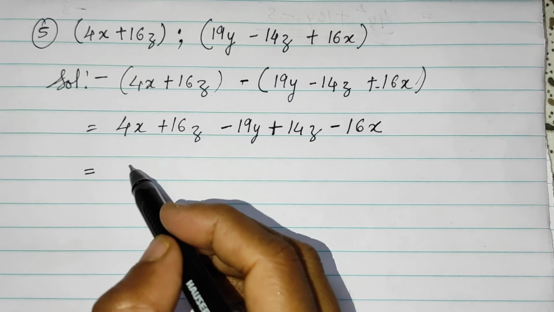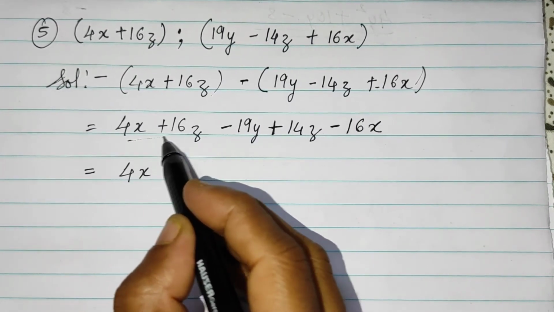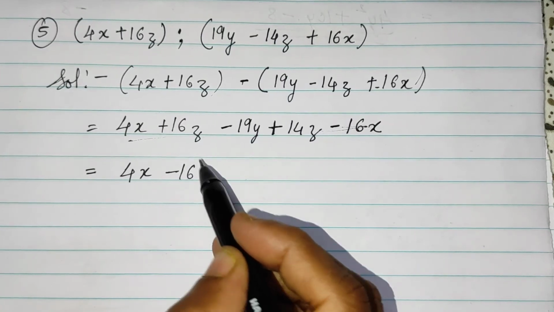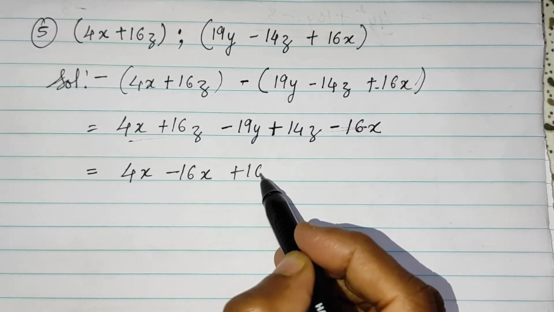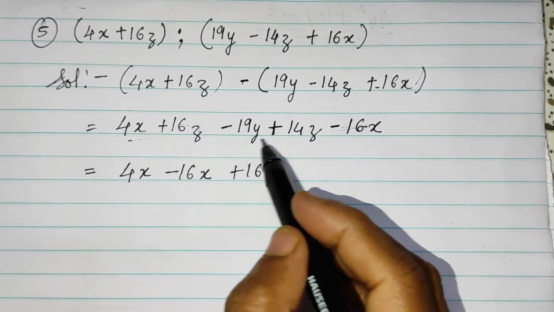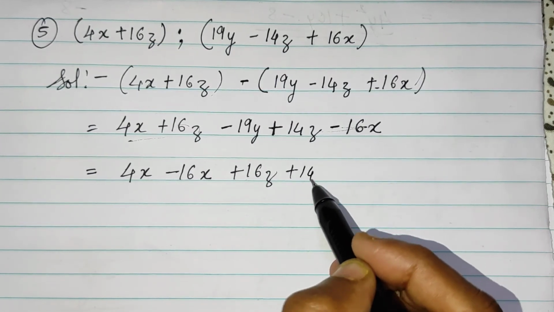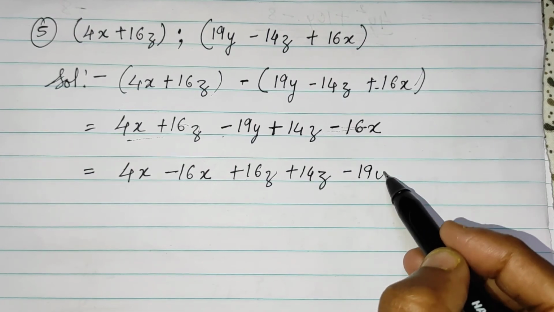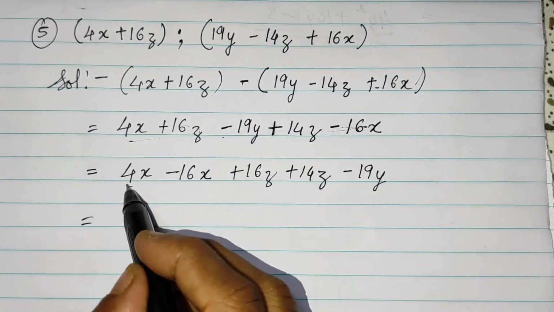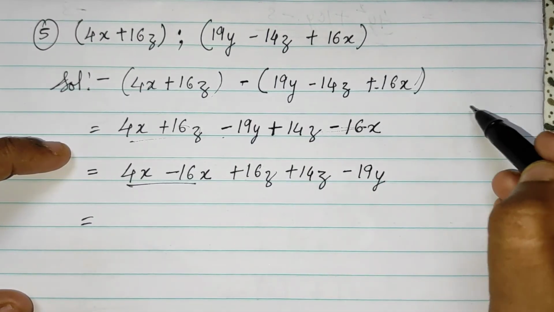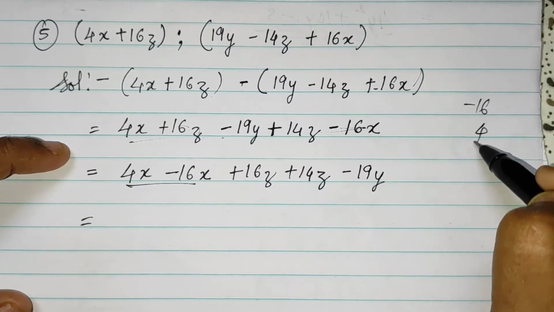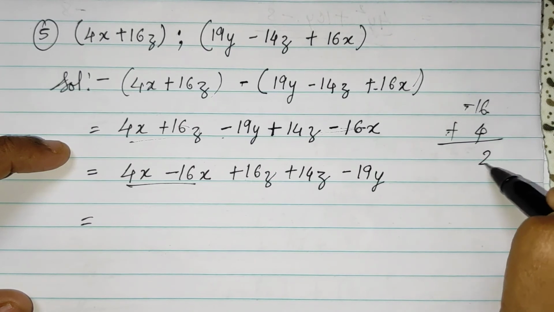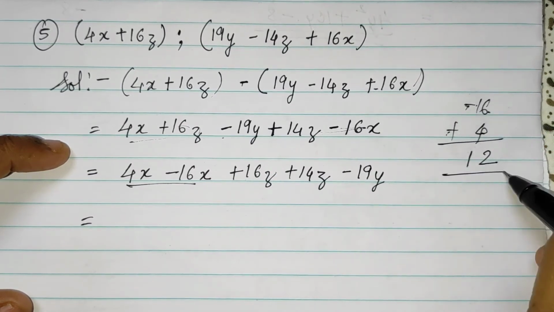So now all the like terms, 4x and this minus 16x, then 16z and plus 14z, and then minus 19y. So minus 16 plus 4, plus minus minus, 16 minus 4, 12.